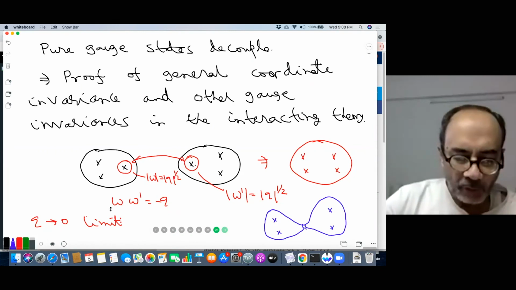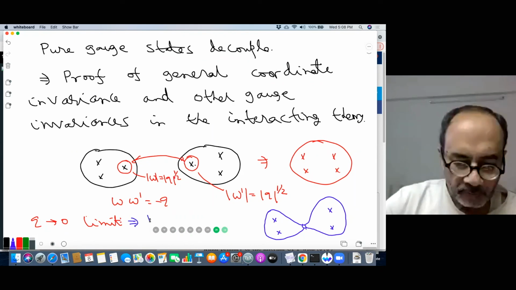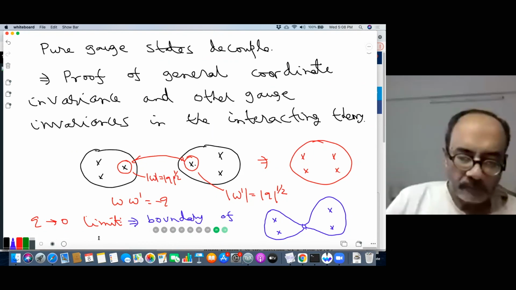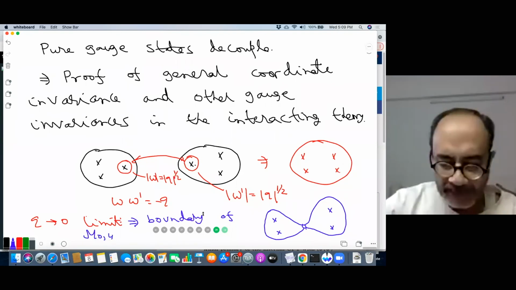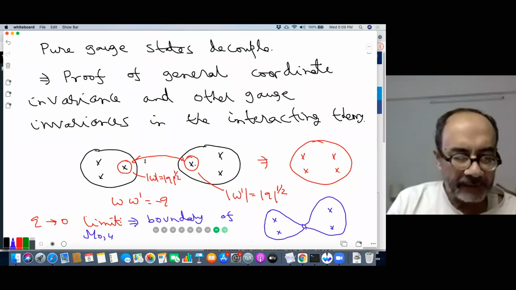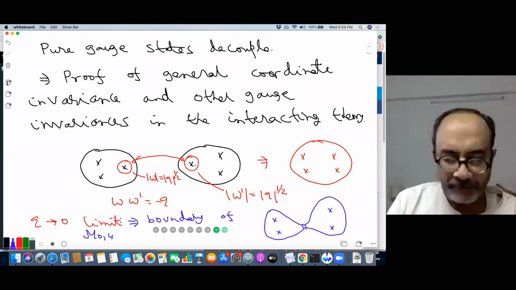So this is a boundary of the moduli space, boundary in this case of M04. And we'll work out the precise map next time. In fact, I think we have already seen part of this before.